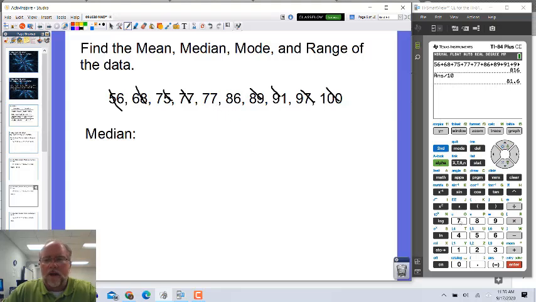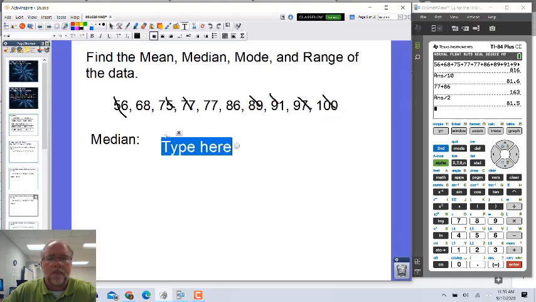So we'd come over to our calculator and we'd do 77 plus 86, enter, and then divide that by 2, and that will give us our median. And our median is 81.5. So median and the mean are sometimes pretty close together. It all depends on how your numbers are.